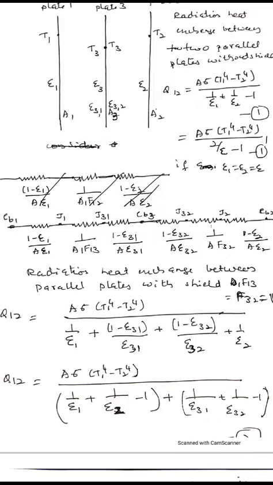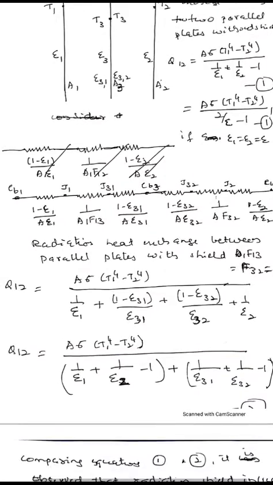Since for these parallel plates we take A1 equal to A2 equal to A3 equal to A, the area being the same, and we know that the shape factor for parallel plates is equal to 1, simplifying this and taking the A to the numerator, you will get Q12 equal to A sigma (T1 raised to 4 minus T2 raised to 4) divided by (1 by epsilon 1 plus (1 minus epsilon 31) divided by epsilon 31 plus (1 minus epsilon 32) divided by epsilon 32 plus 1 by epsilon 2).